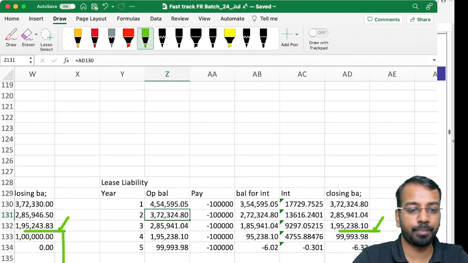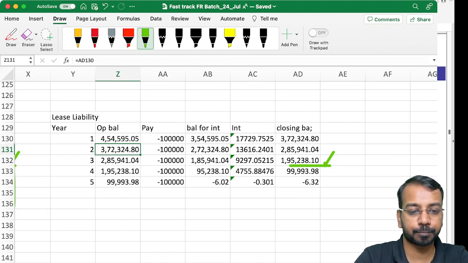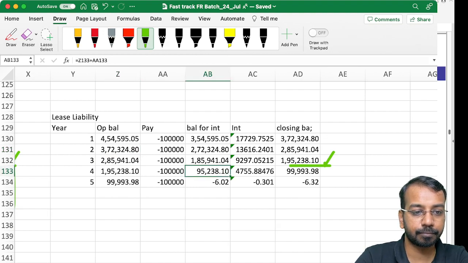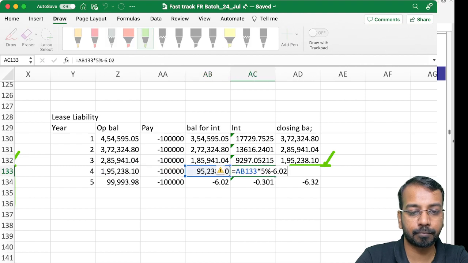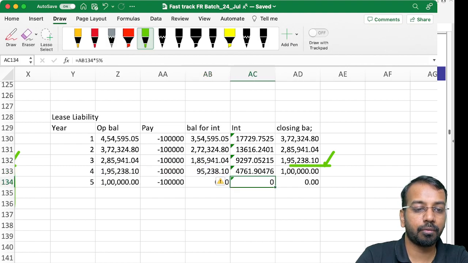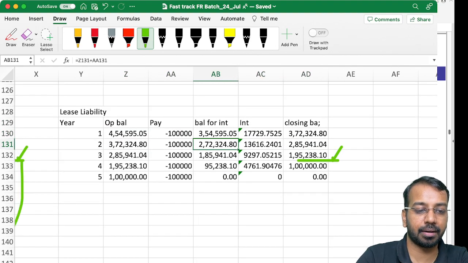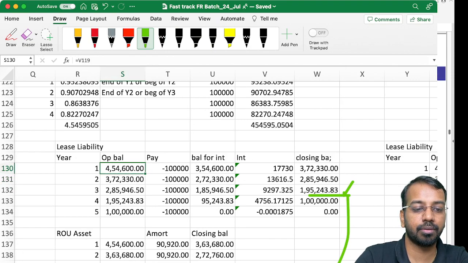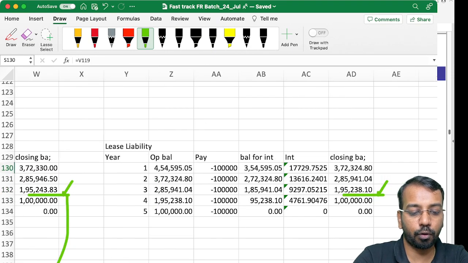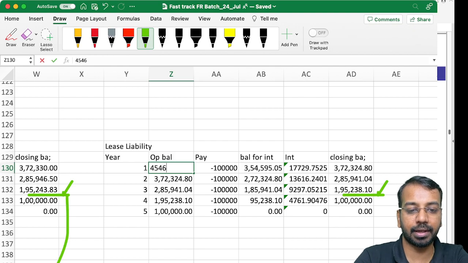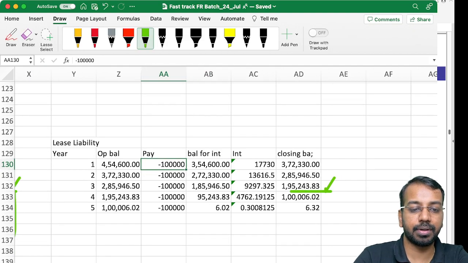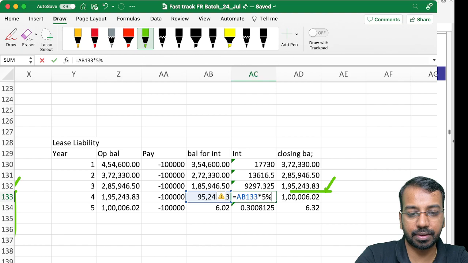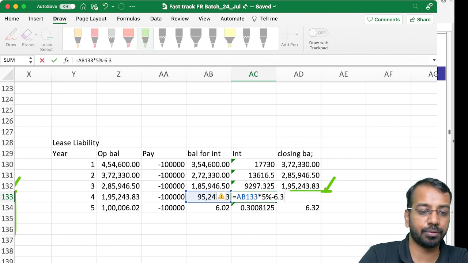This is the original table. 454,595 is the original, or 454,600. I think that is what we have taken. So 454,600 is more appropriate. And here we said our interest is higher, so I will say minus 6.32. This is how it was worked out.